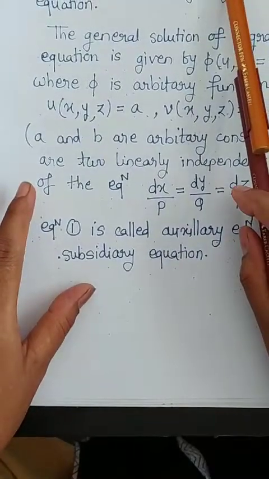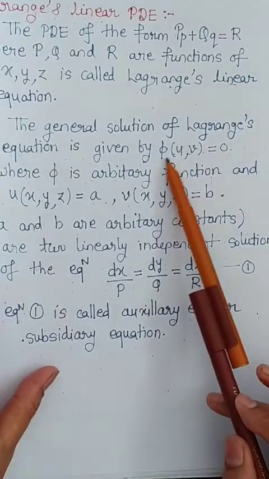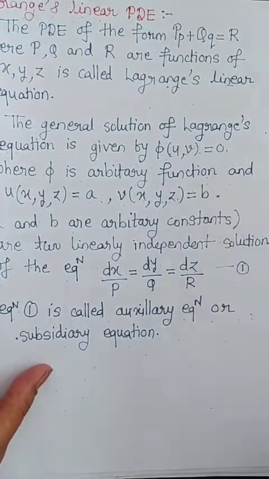So, the solution of this Pp plus Qq equal to R is given by phi of u, v equal to 0.